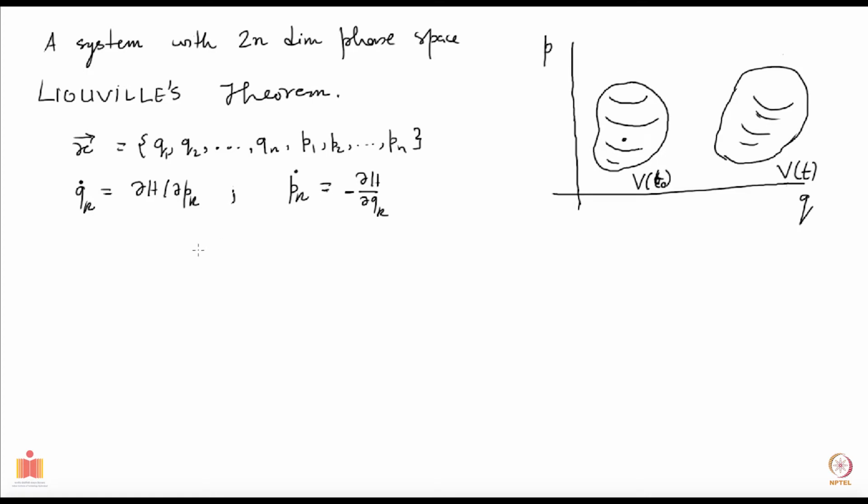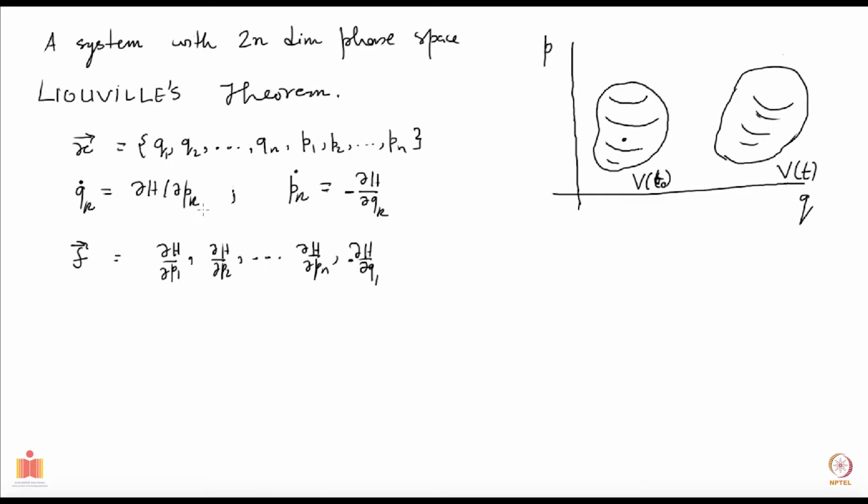So I define a vector f to be the following: ∂H/∂p1, ∂H/∂p2, and so on up to ∂H/∂pn, then you have ∂H/∂q1 with a minus sign.